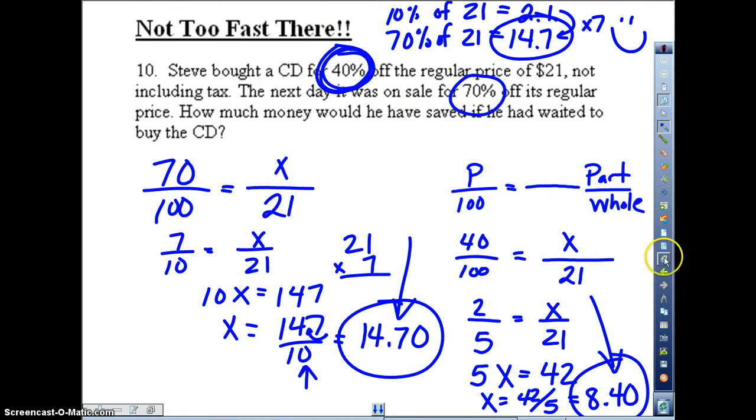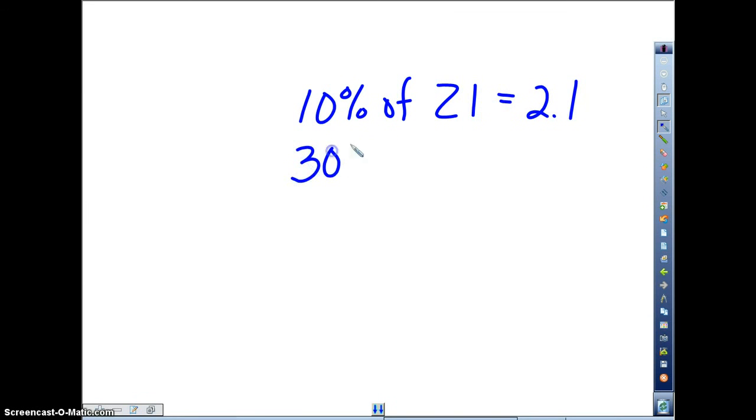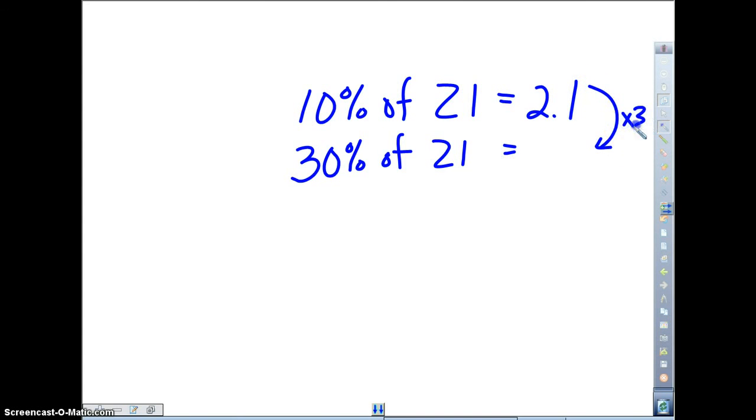That's 30%. Well, I know 10% of 21 is what? The difference between the 2% was 30%. What's 30% of 21? Shouldn't that be 3 times bigger? Hey, $6.30. Wasn't that the super fast way to get the answer?